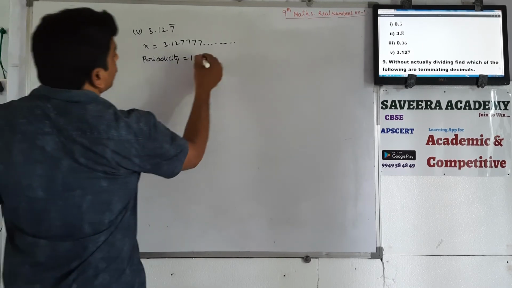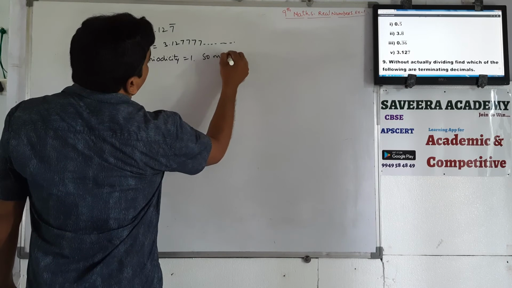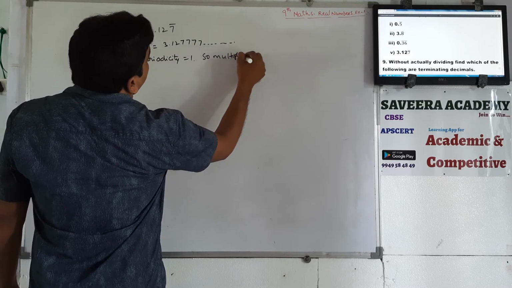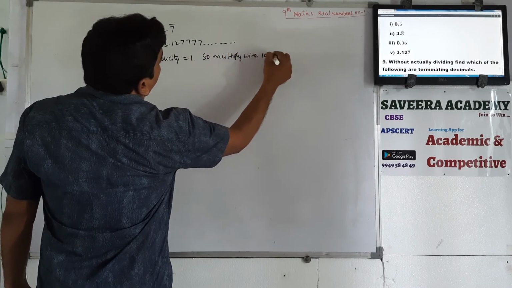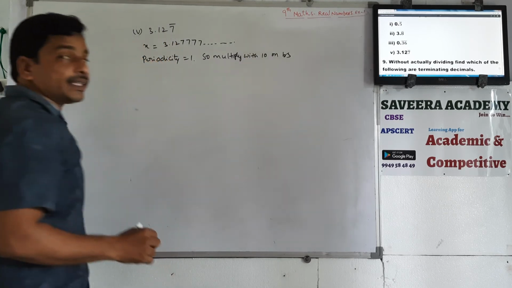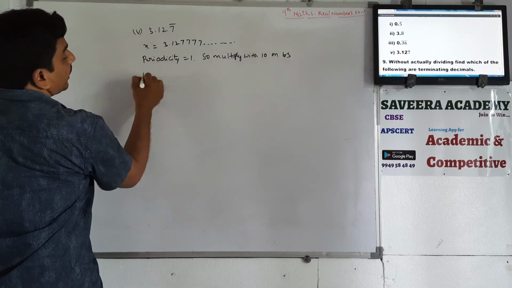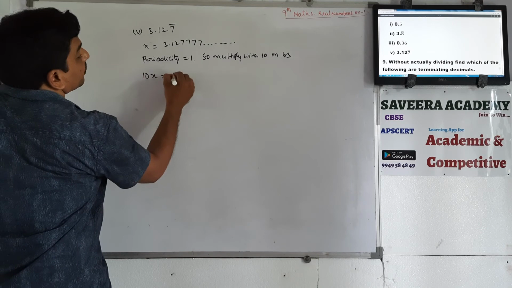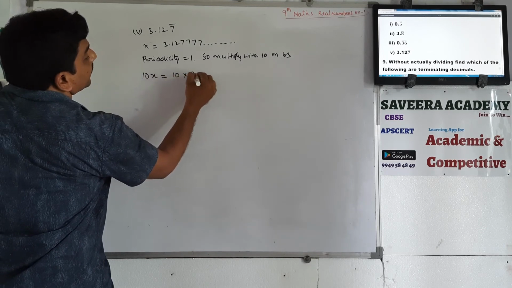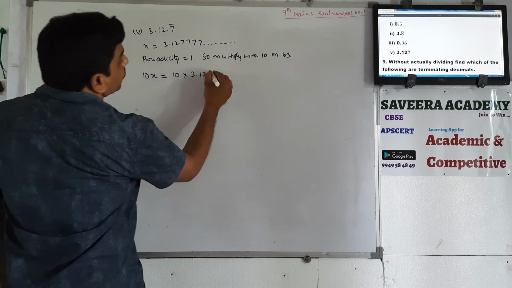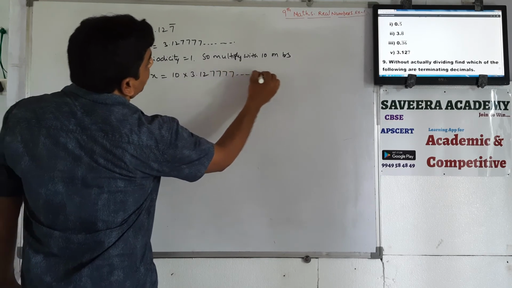So multiply with 10 on both sides. Then 10x is equal to 10 into 3.12777 and so on.